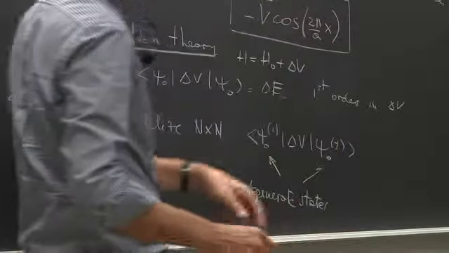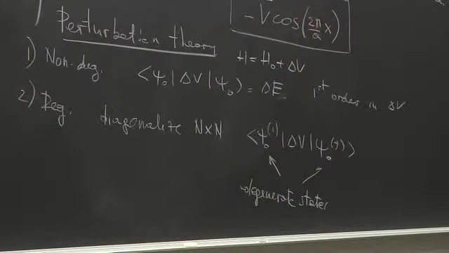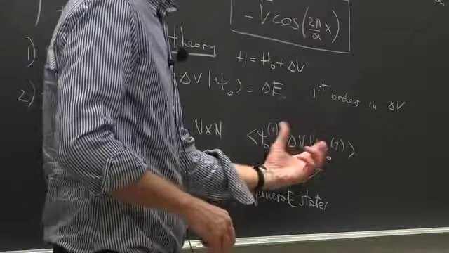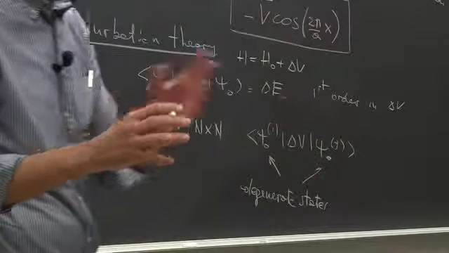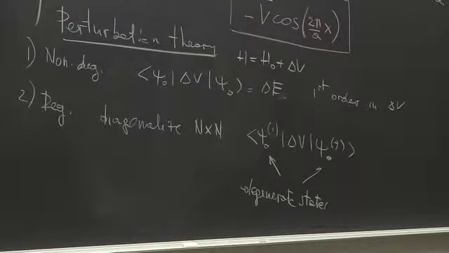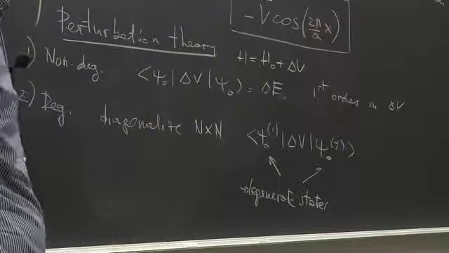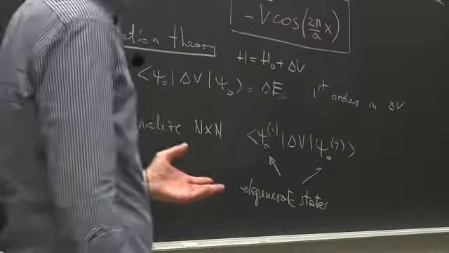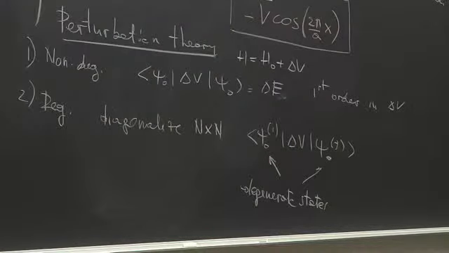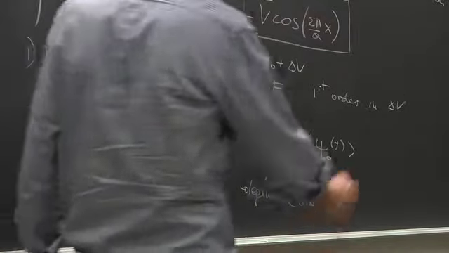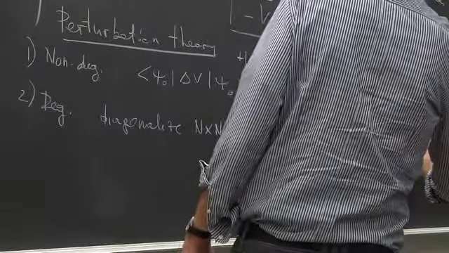You take all the states in a given degenerate manifold, so all states with the same energy, and you construct the matrix of delta V with all these states. It's a finite matrix, n by n, n being the dimension of the degenerate manifold, and you diagonalize it, and you get the eigenvalues and eigenfunctions after the perturbation. To first order, of course. That's still to first order in perturbation theory.